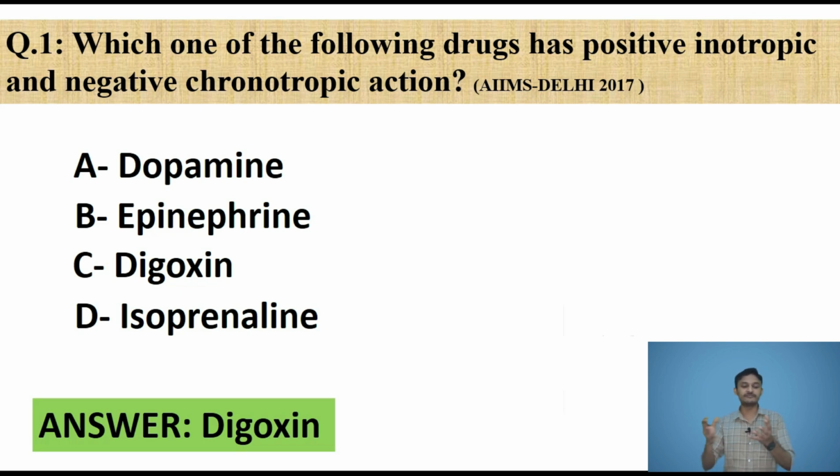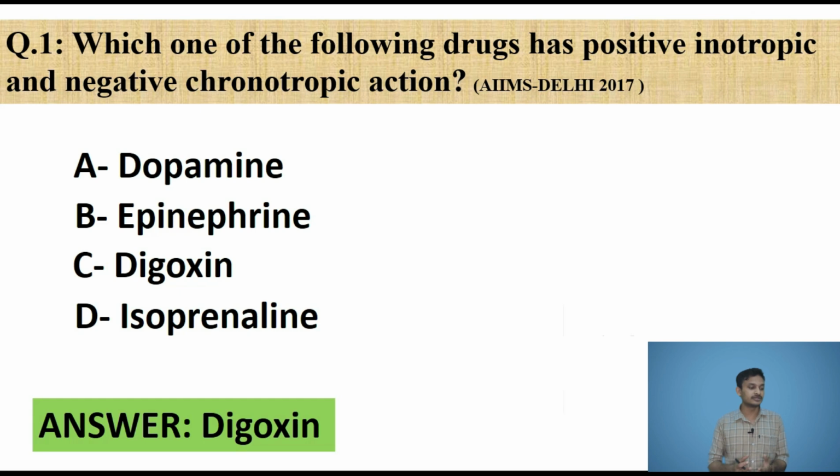Positive inotropic means it will increase the force of contraction of the heart, and negative chronotropic means it will reduce or slow the heart rate. That is the negative chronotropic action. Here digoxin has got positive inotropic and negative chronotropic action.